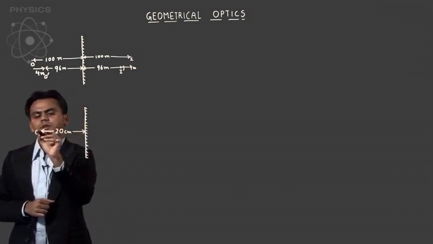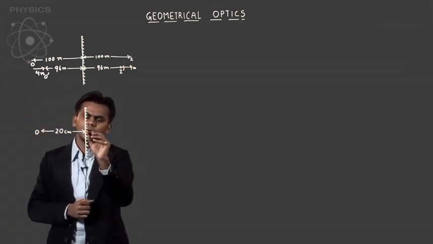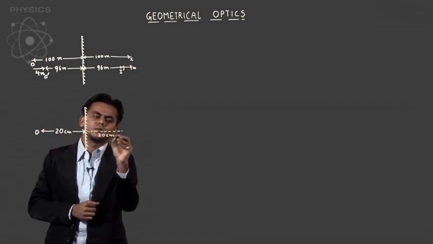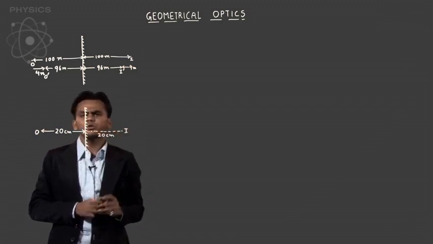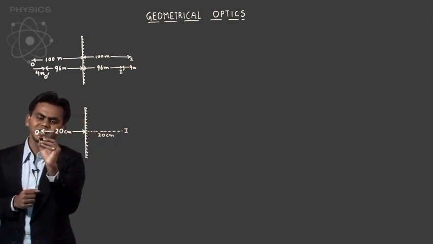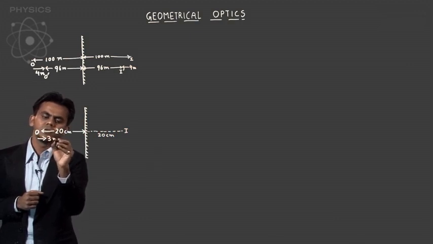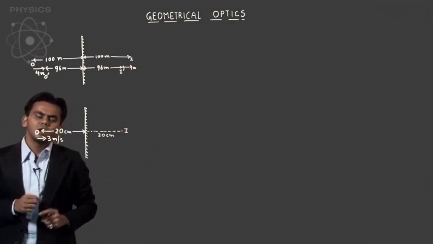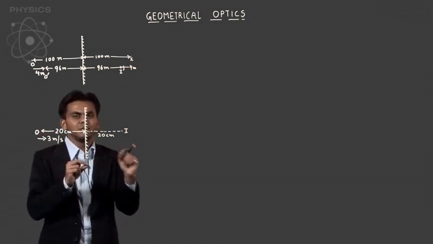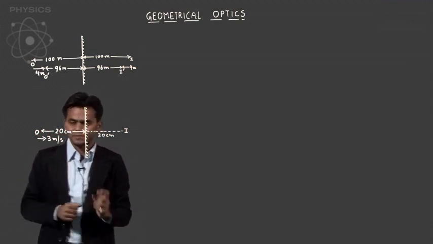This is my object over here. So naturally the image would be somewhere behind, 20 meters behind. What you need to find out is, if the object is moving with 3 meters per second, what would be the separation between object and image after 5 seconds?